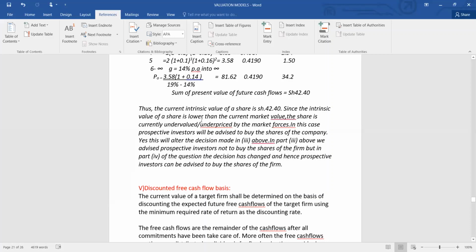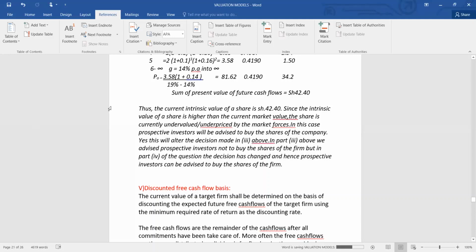Since the intrinsic value of the share is higher than the current market value, the share is underpriced.